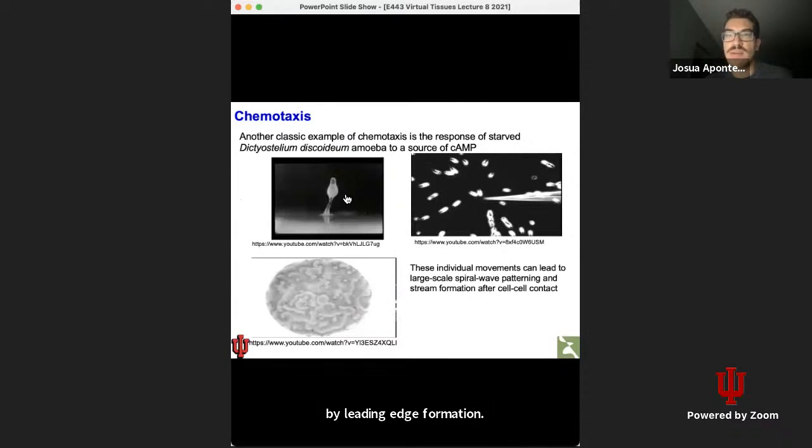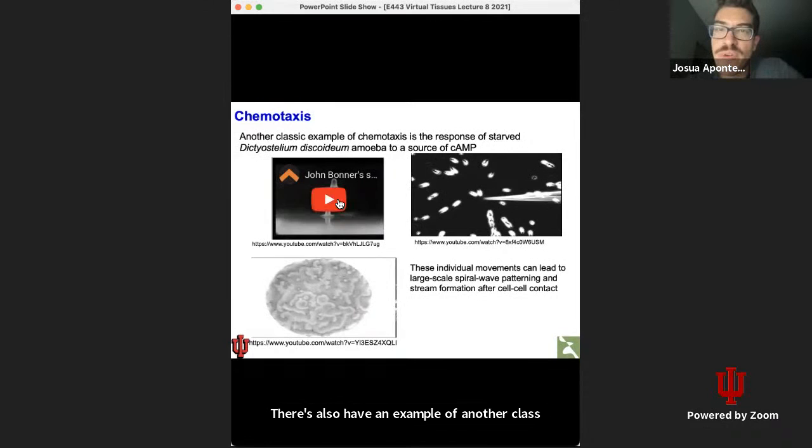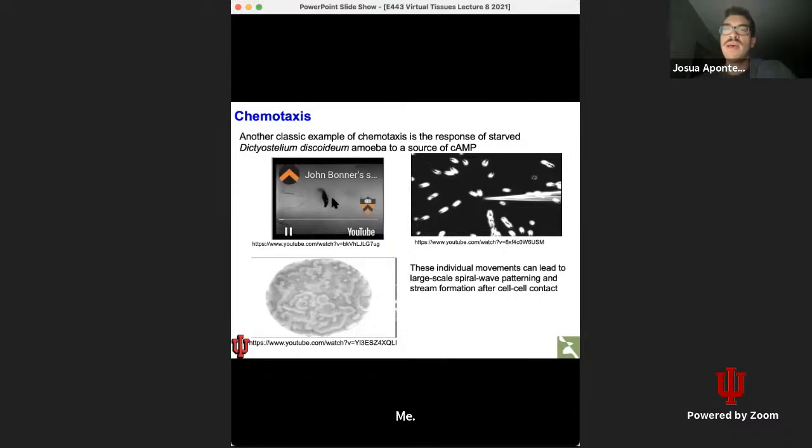Another classic example of chemotaxis is the Dictyostelium amoeba that responds to cyclic AMP, and this is what Callie was talking about earlier.